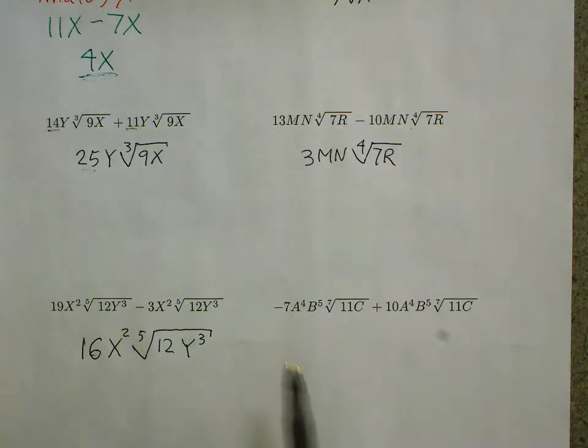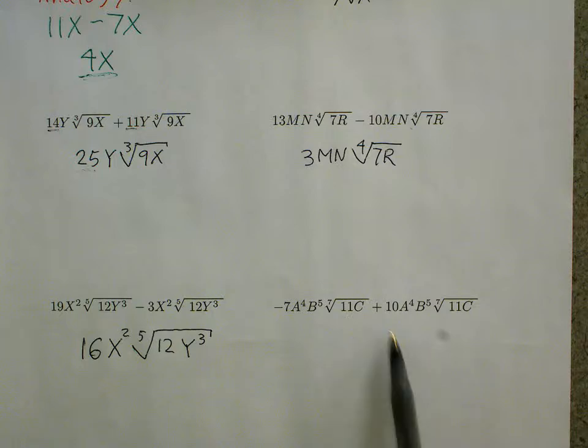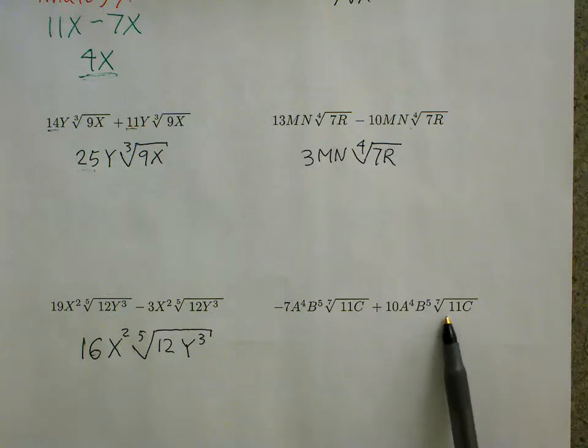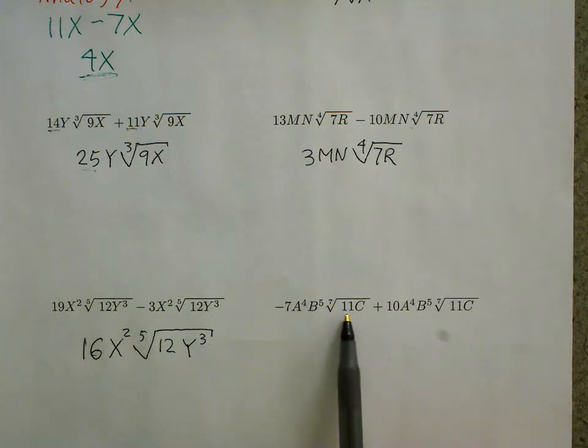In the next example, negative 7, a to the fourth, b to the fifth times the seventh root of 11c plus 10a to the fourth, b to the fifth times the seventh root of 11c. The seventh root of 11c cannot be simplified any further. So the radicals are like radicals.